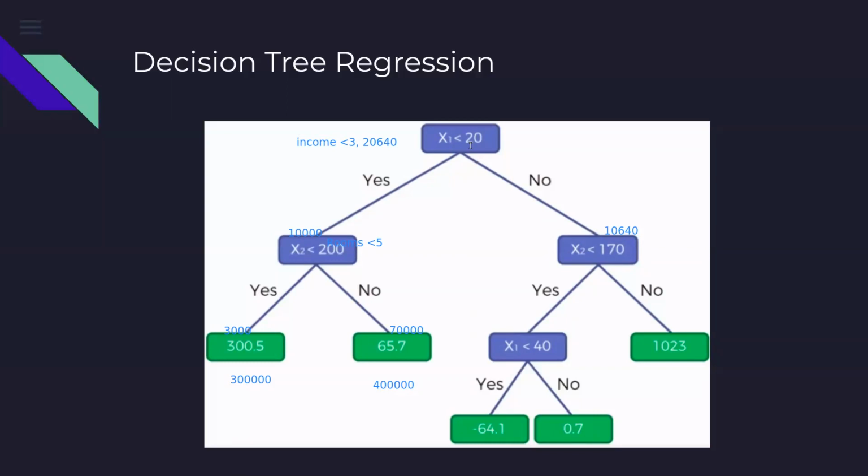So we will come to this branch of the tree because the income is less than 3. And then suppose the house has say 4 bedrooms, and then we'll see that the rooms is less than 4, and the answer is yes. Then we come here, and then we find that the average price is 300,000 as per my previous bifurcation, and therefore the system will say now that the price of this house would be 300,000.